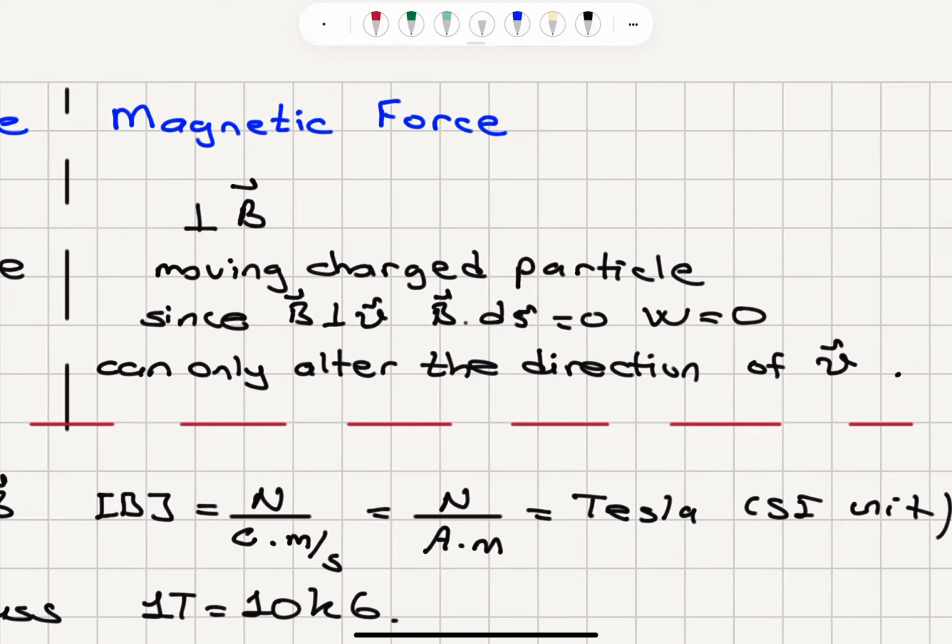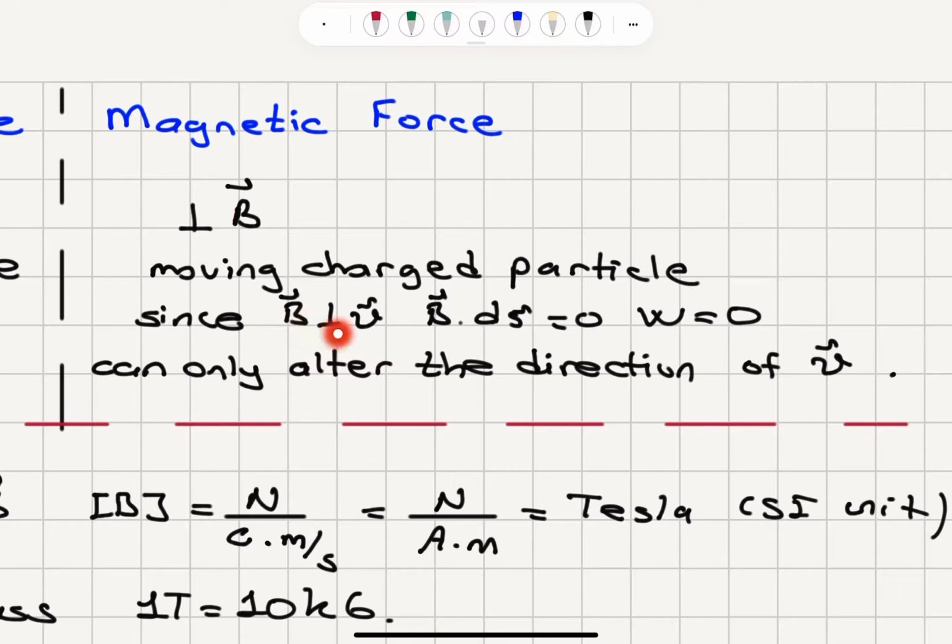In the case of magnetic force, the magnetic force is perpendicular to the velocity. The dot product of the magnetic force with the displacement vector, Fb dot ds, will be equal to 0.